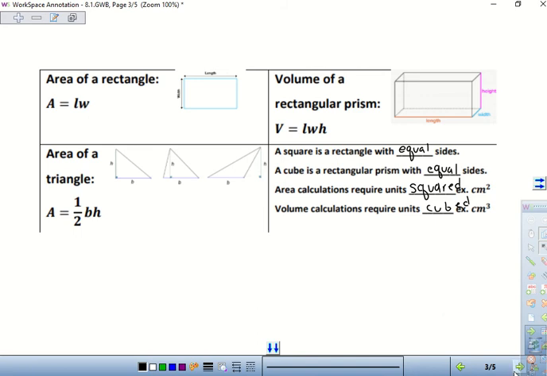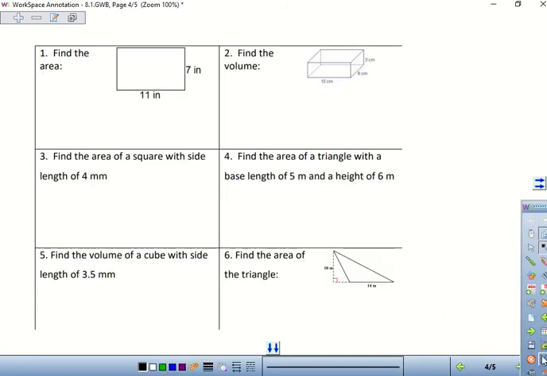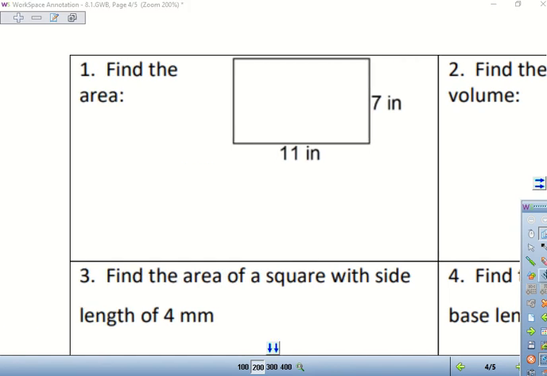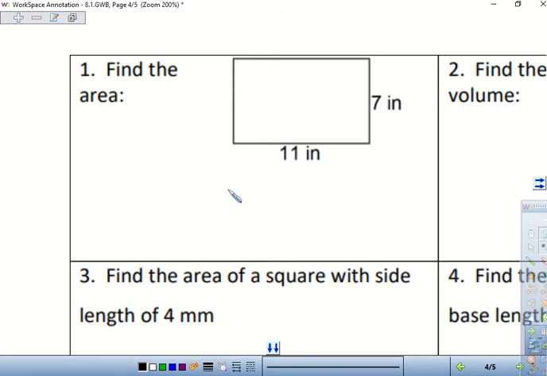Alright, so now we're going to practice some calculations together. The first thing we're going to do here is find the area. Now, what kind of shape is this? A rectangle, not a square. Why is it a rectangle and not a square? Because one side is longer than the other. Good. So the formula for area of a rectangle is length times width.